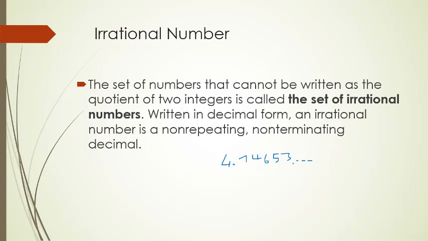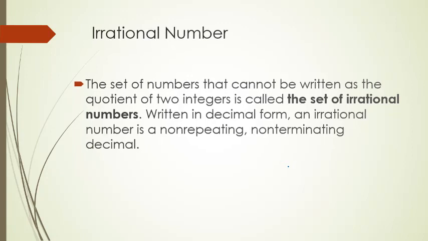As long as you're moving along, there will be no pattern. Look, I have 1, 4, 6, 5, 3, and they don't look the same. This is a non-repeating, non-terminating decimal. Then we say this one is an irrational number because you can't represent it as a quotient or as a fraction. Okay, guys?